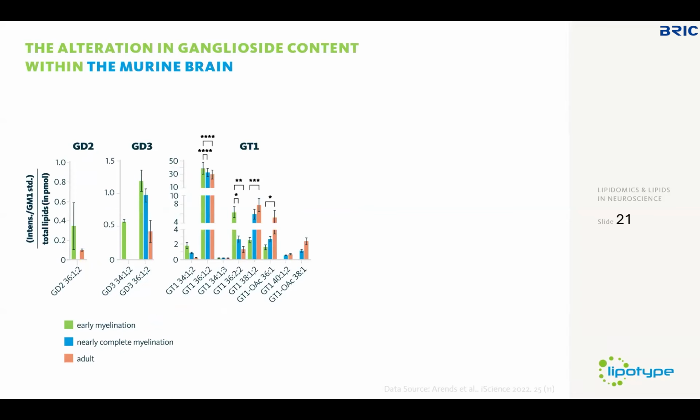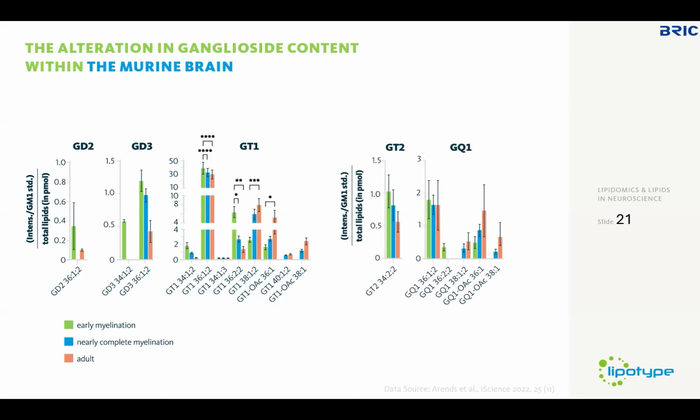So for this particular lipid species, we saw the changes during early myelination, then nearly complete myelination, so 12 and 21 postnatal days, and then to the adult stage. And we do indeed see that the highest quantities, for example, were observed in GD1 species, followed by GT1.